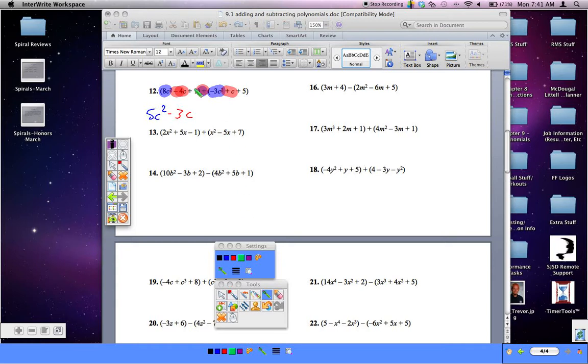Then we go on to our last term, positive 1 plus positive 5. That's an easy one. Positive 1 plus positive 5 is going to leave you at positive 6. We cannot combine any of these because they are not like terms. That's as good as your answer can get.